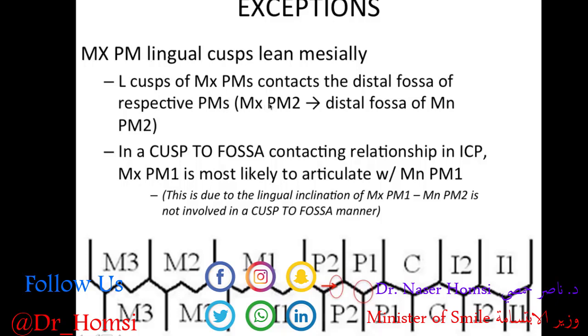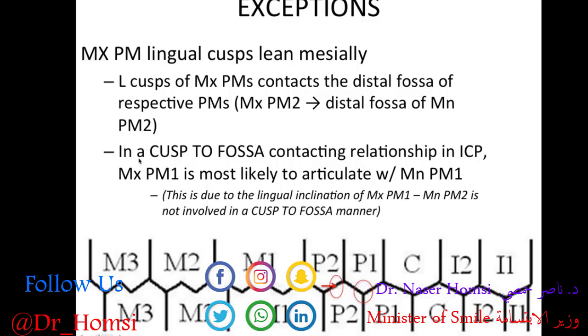So for example, the maxillary second premolar, that lingual cusp is going to occlude with the distal fossa of the mandibular second premolar. So if we come here to the first premolar, that lingual cusp is actually pushed to the mesial a little bit, so it's going to occlude with the distal fossa of the first premolar. It's not going to occlude with the marginal ridges, so make sure that you don't get confused about that.